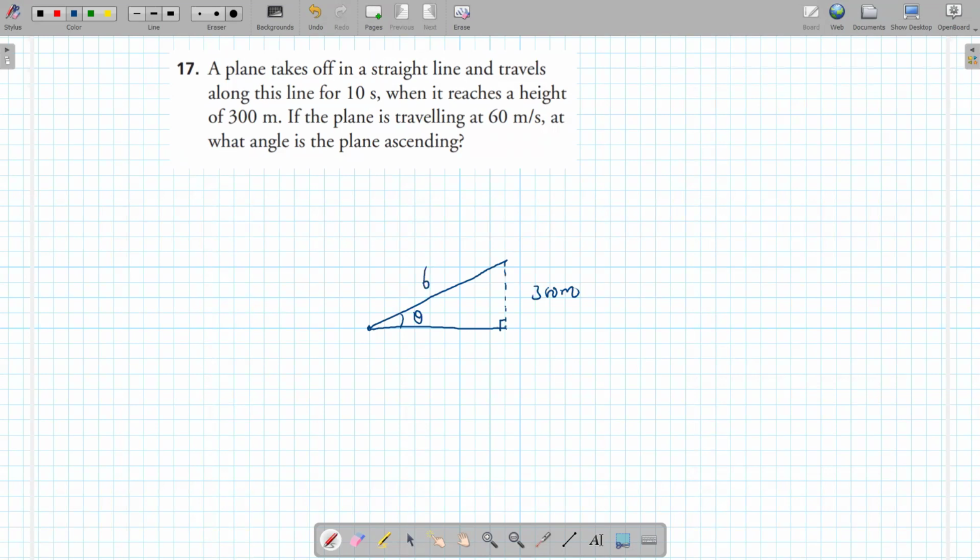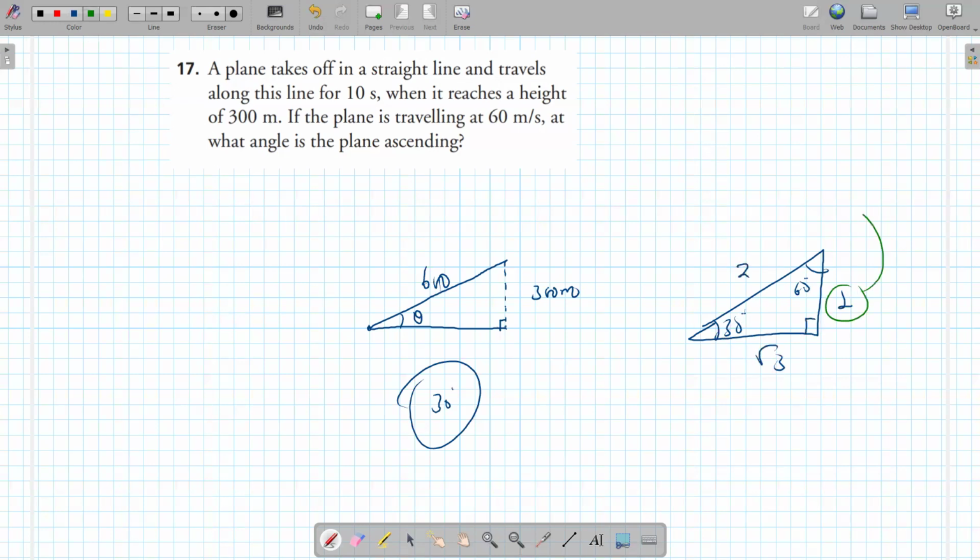Yes. The angle is going to be 30 degrees. And because this comes from the special triangle, it looks like this. You can always sine inverse this, but this is in the ratio of 1/2.